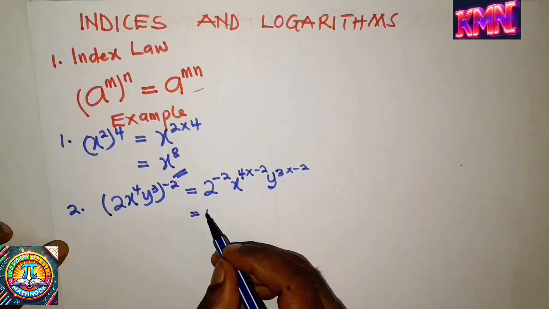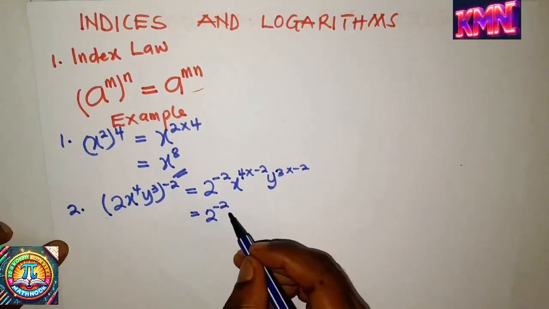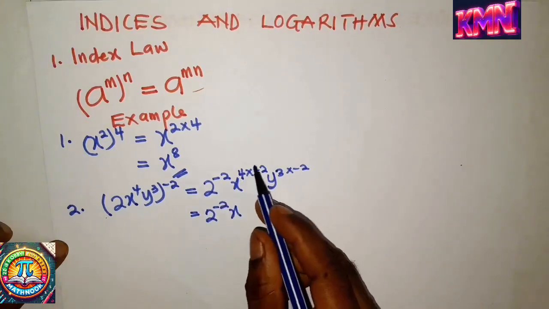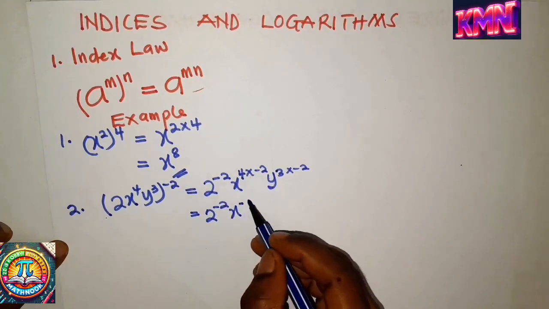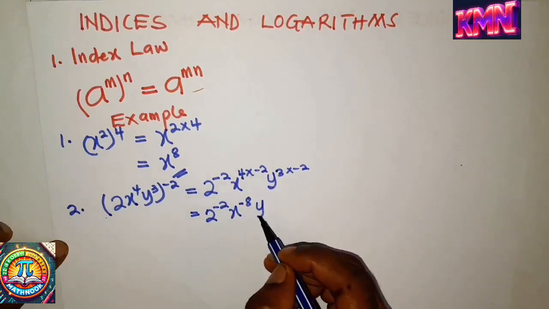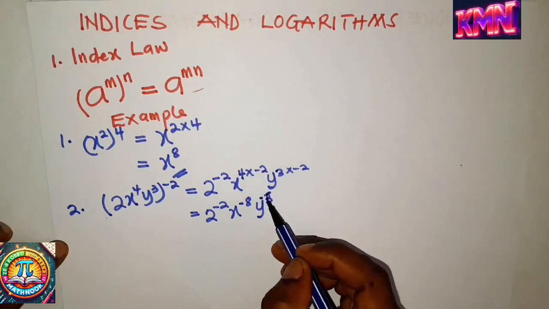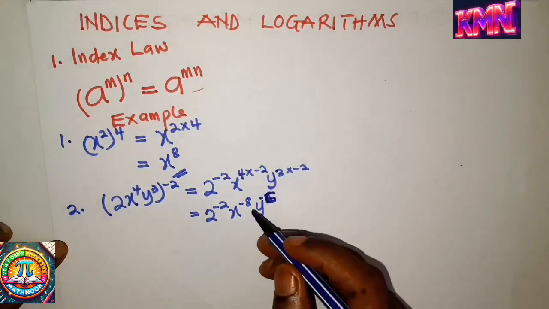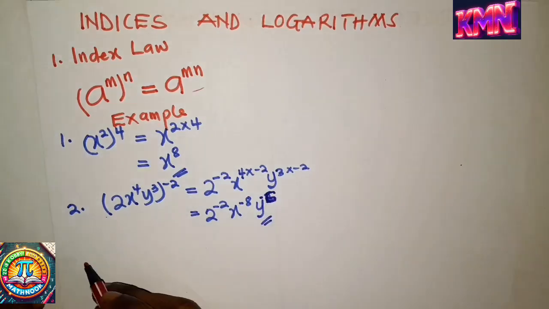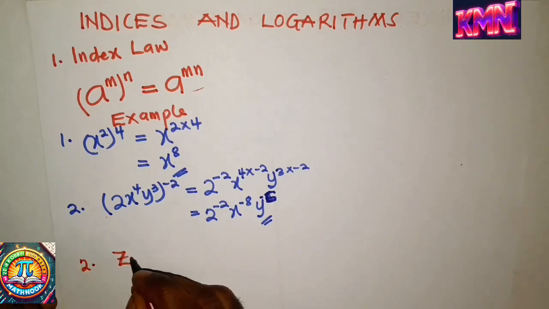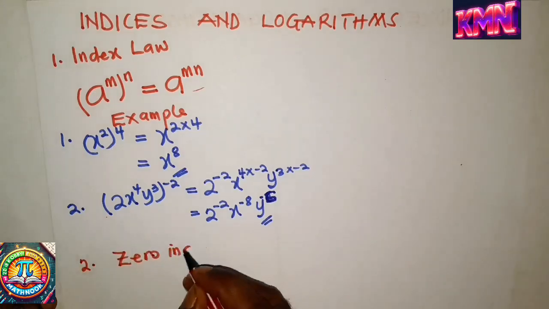When you simplify, you get 2 exponent negative 2, x exponent negative 8, since 4 by negative 2 gives negative 8, then y exponent negative 6, and that will be the result.